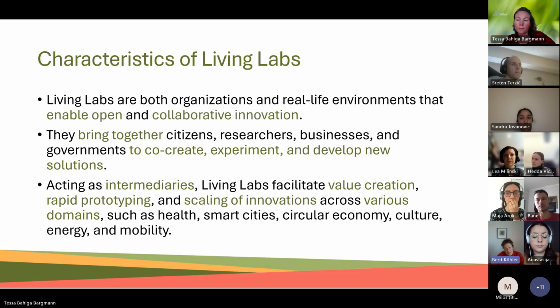So they act as intermediaries, and they would like to facilitate value creation, rapid prototyping, and also scaling of innovations across various domains. As I said, these domains can reach from health topics, smart cities, circular economy, culture, energy, mobility, to environment.